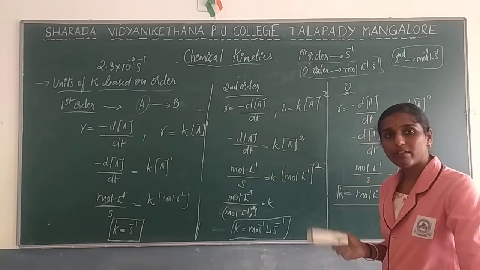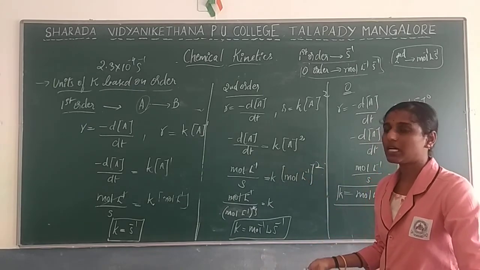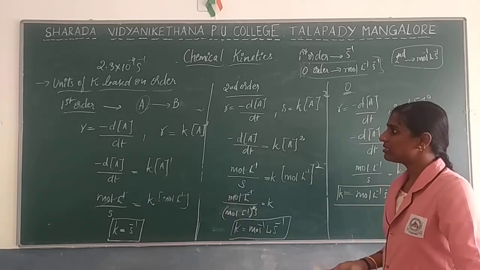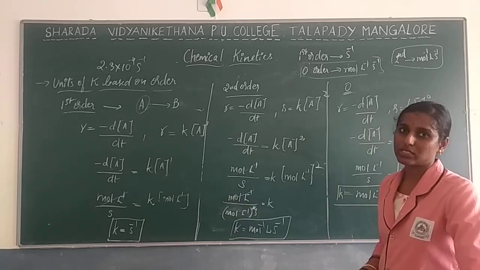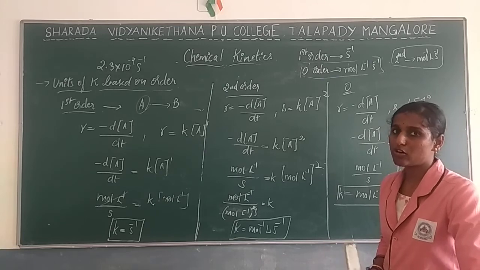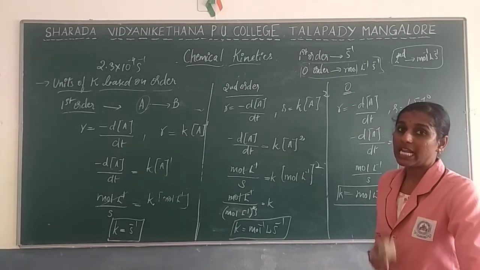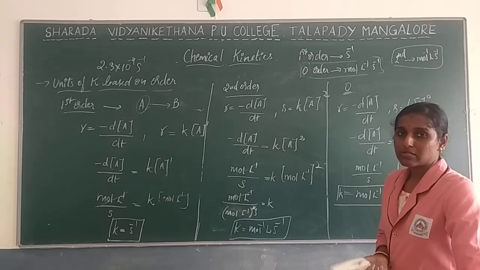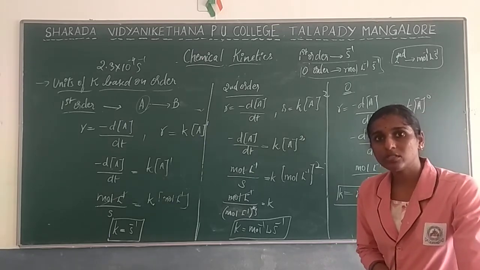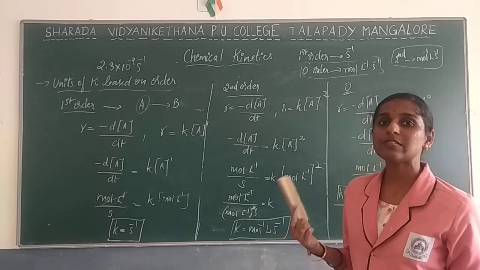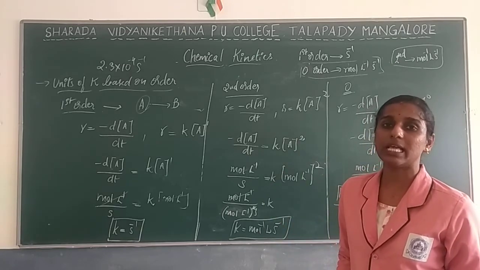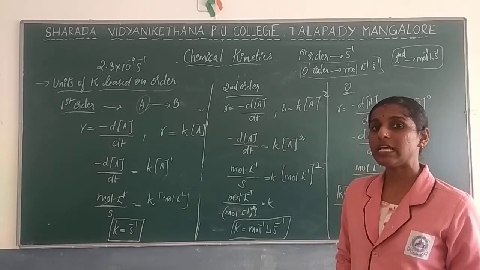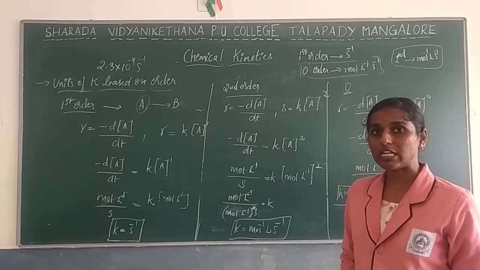The first part, whatever I have done in the last class as well as this class, from this the question will be asked, usually 1 or 2 marks, not more than that. But the next class, whatever I am doing, which is order of the reaction, will be a compulsory question for your state syllabus as well as for the CBSE syllabus. Derivations will be there based on first order as well as zero order, and half-life based on the integration method.